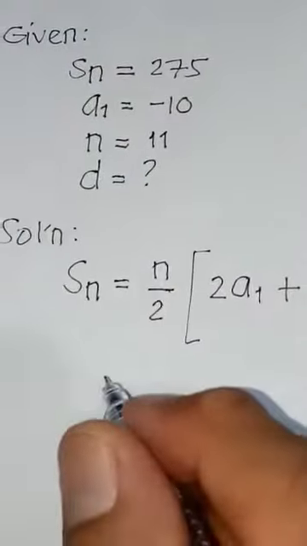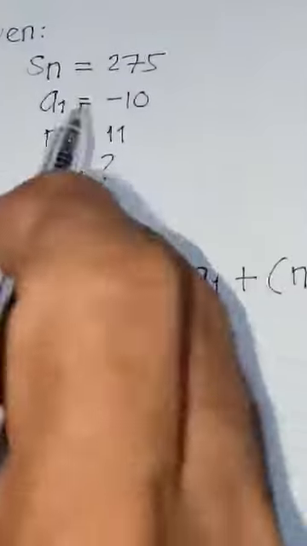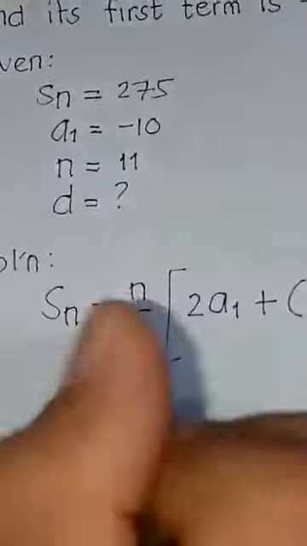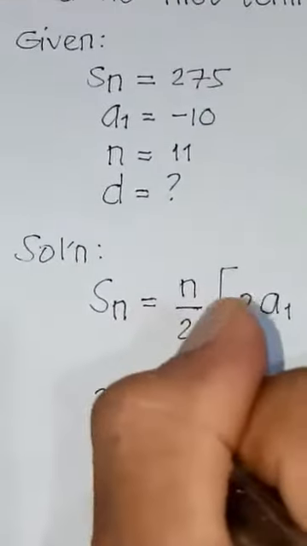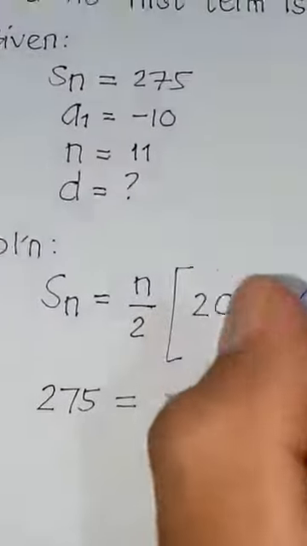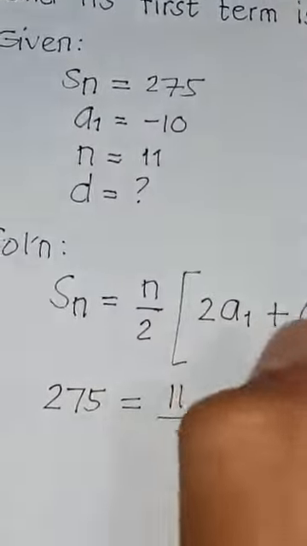So substituting all the givens, our sum of the arithmetic series is 275. That is equal to, our n is given, that is 11 over 2.